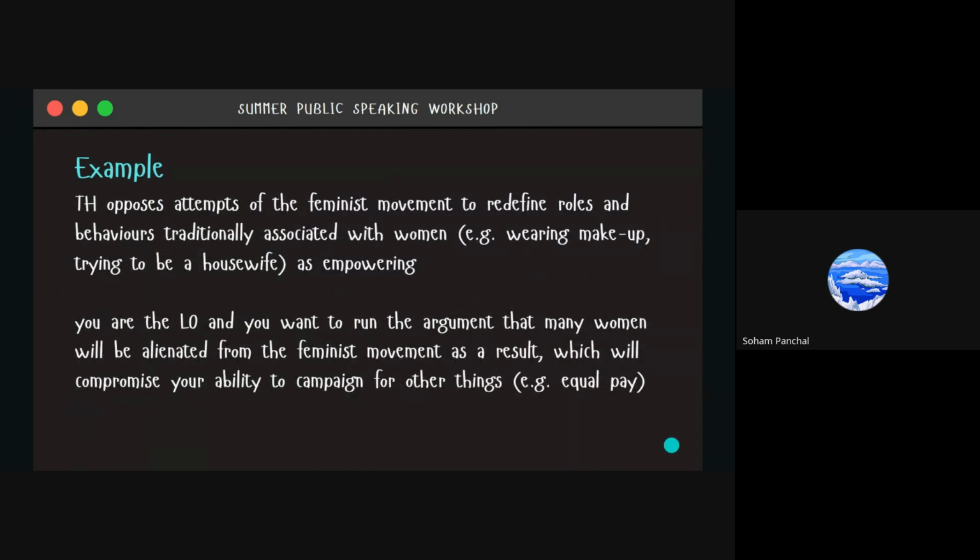Here's the motion. Either you could write down the motion.